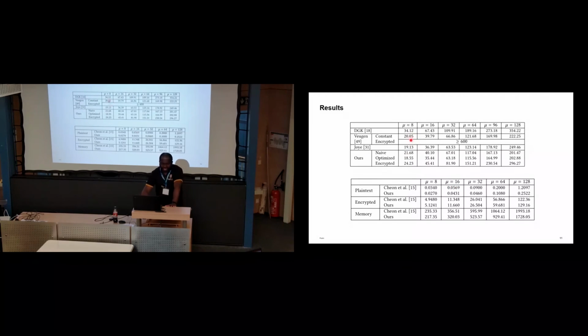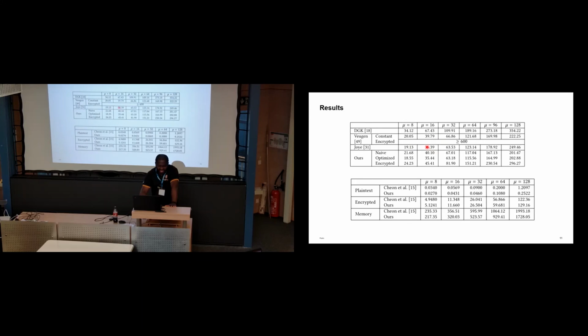So to summarize the results, we implemented the schemes and some related work. Using AHE, we can improve when only one of the two inputs is encrypted, and even when both are encrypted, we have even better performance.